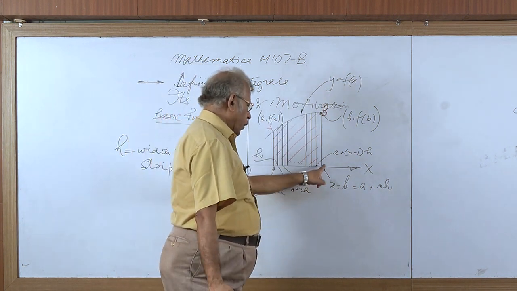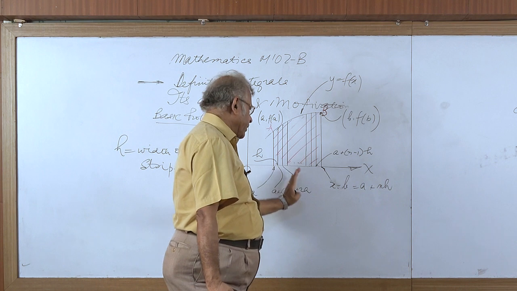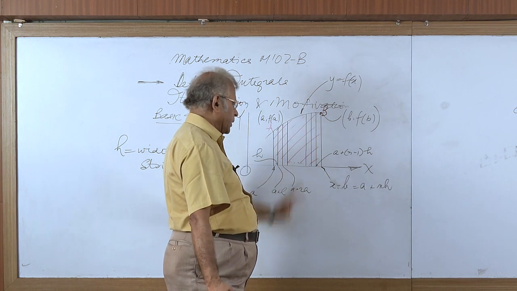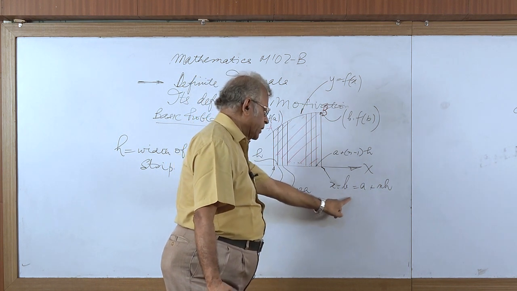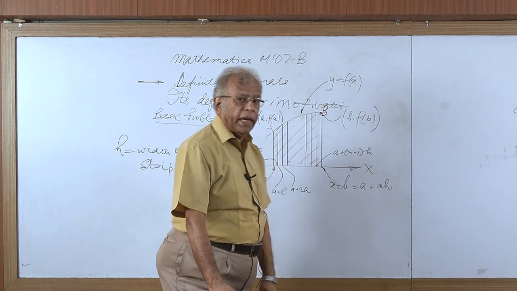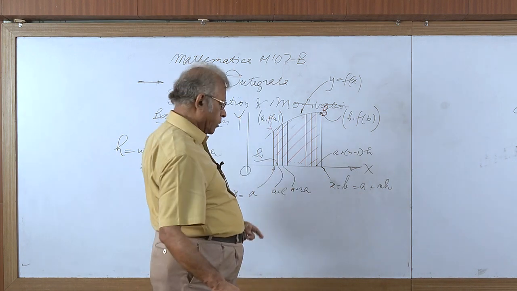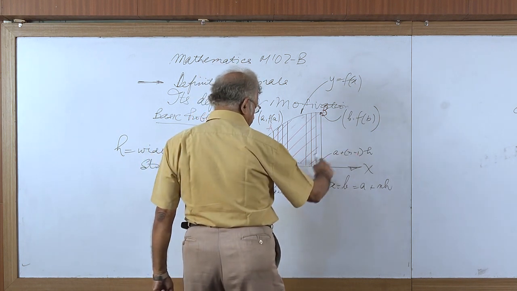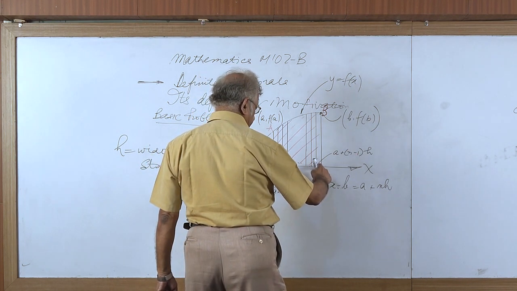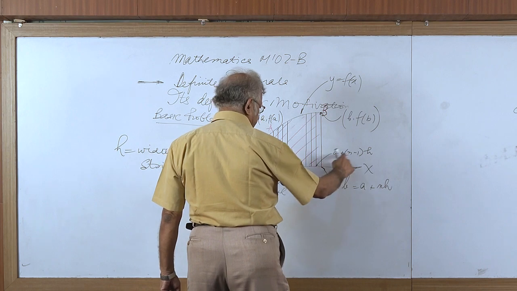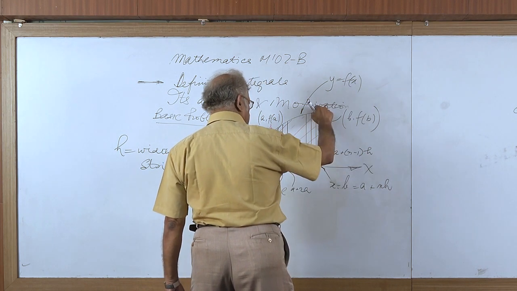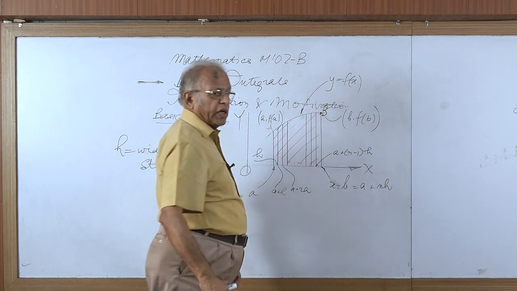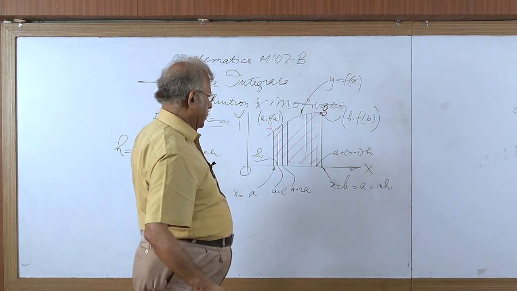And the point b, because we have divided this into n equal strips, evidently b must be equal to a plus n widths. So, b is equal to a plus nh, and the previous ordinate here, the abscissa is a plus (n minus 1)h. So, the ordinate is f(a plus (n minus 1)h).